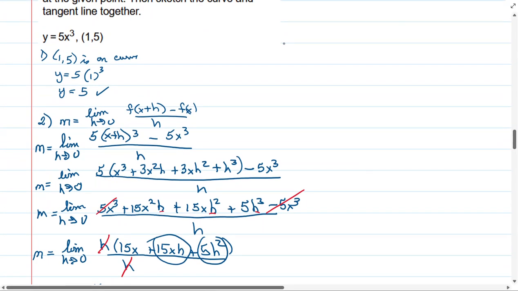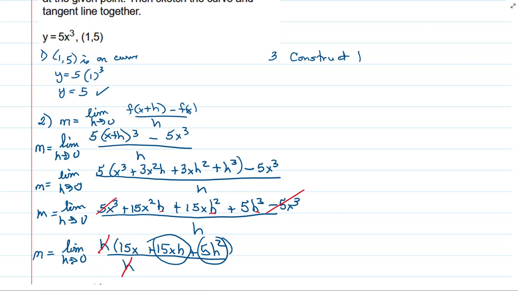So our third step is to construct the tangent line. So we're using y equals m times (x minus x1) plus y1. My point is (1, 5), and my slope is 15.